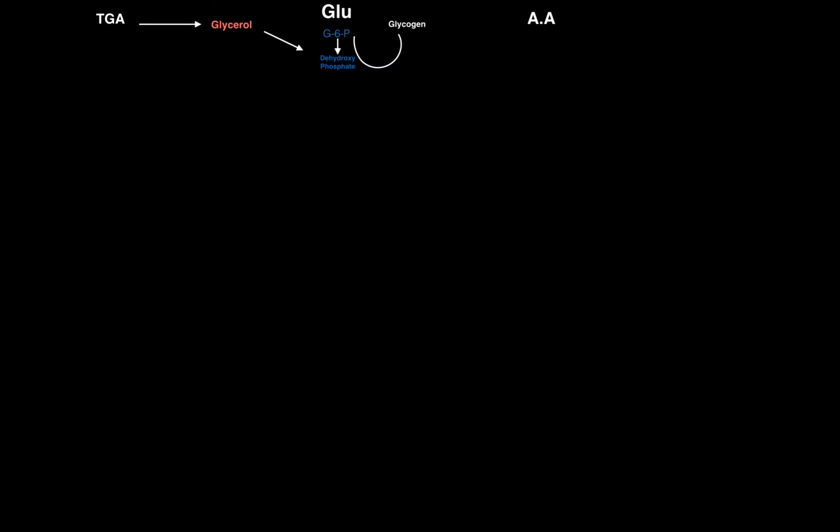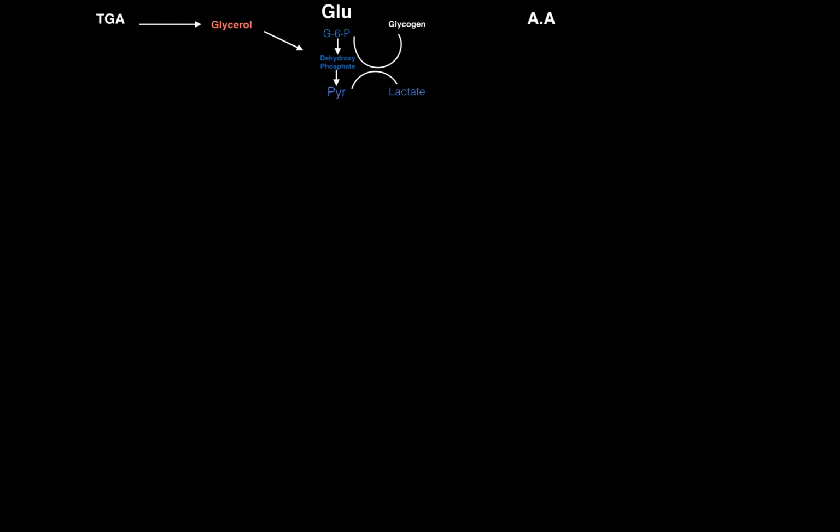Okay, so after dihydroxyacetone phosphate, it will be converted to pyruvate. These 10 steps of glycolysis occur in the cytosol, okay? And another source of pyruvate is lactate. And we know that lactate can come from two organs in the body.